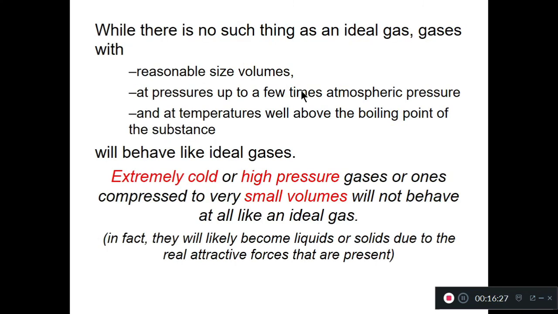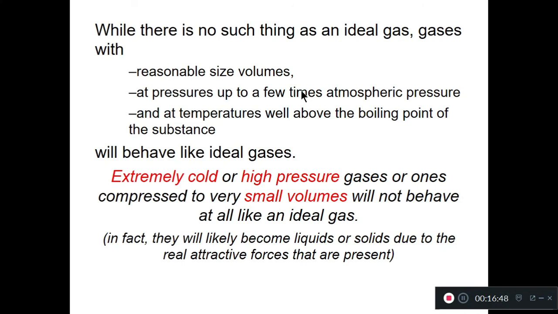Well, again, we know that if I have a gas with a large volume, then for the most part, all of the volume of the gas is the empty space between the particles. But when I get to very small volumes, the size of the particles themselves starts to become an appreciable portion of the volume of the gas, and so small volumes are an issue.